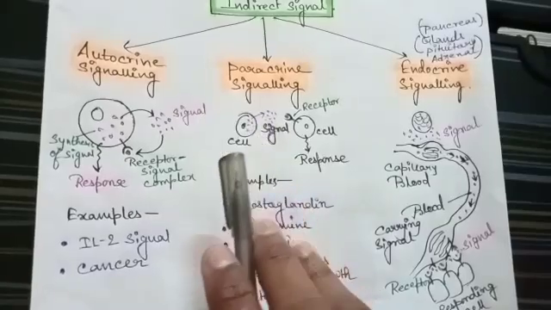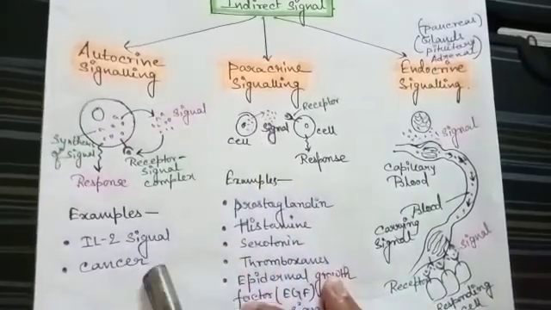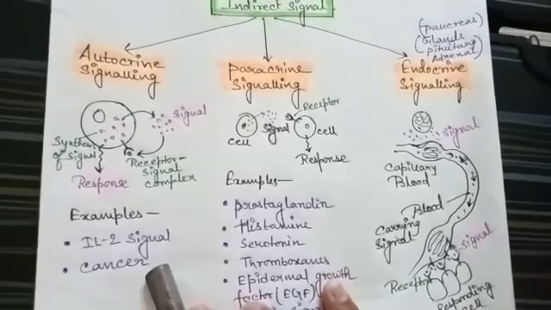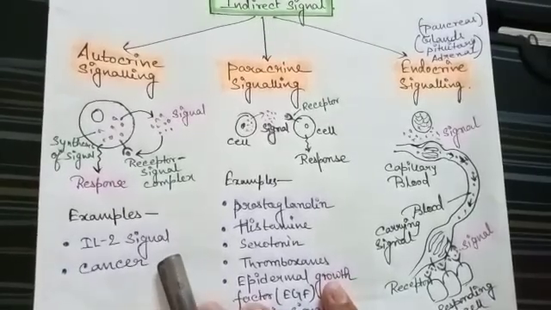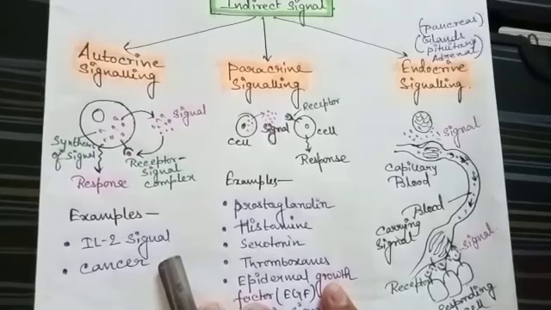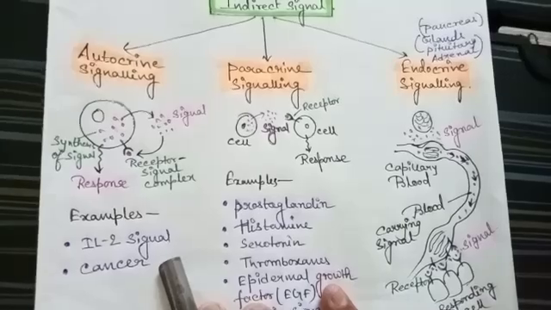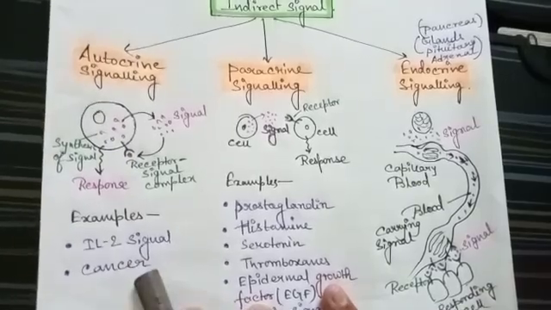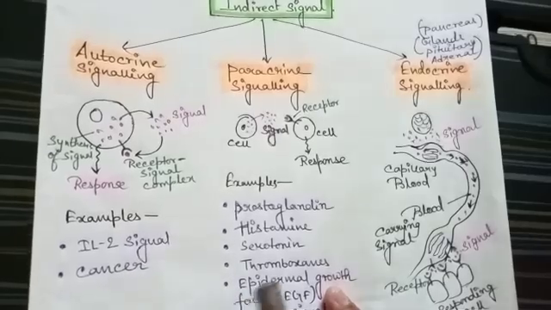Now come to the second example, which is cancer. In cancer cells, cell proliferation can occur, and this occurs due to overexpression, which synthesizes some growth factors inside the cancer cell, and the cancer cell overexpresses and releases these growth factors.